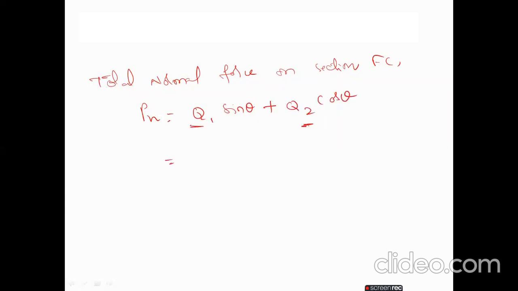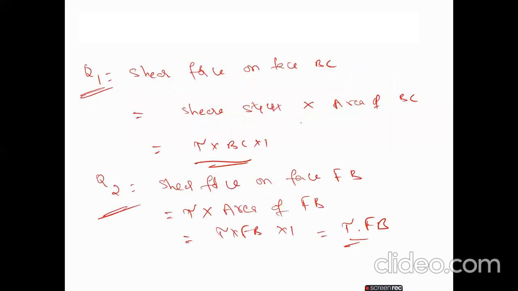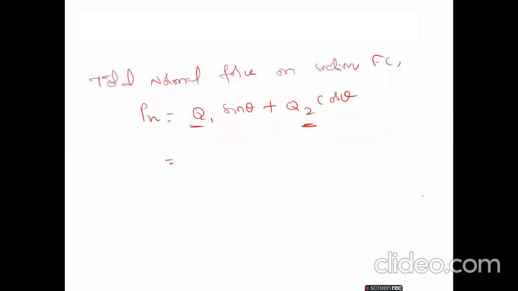Q1 and Q2 we already calculated: Q1 is tau into BC and Q2 equal to tau into FB. Now I will substitute in this equation: tau into BC into sin theta plus tau into FB into cos theta. So this is the equation for the normal force.